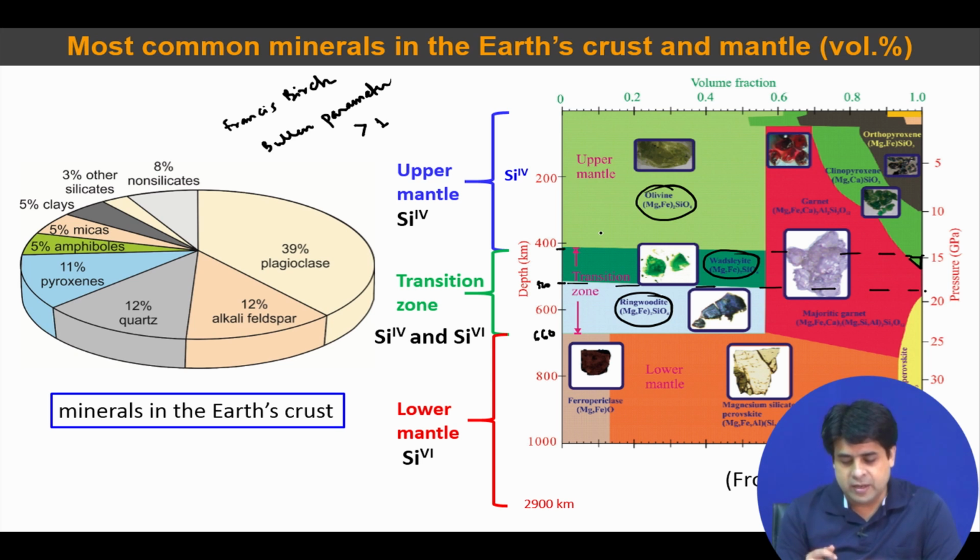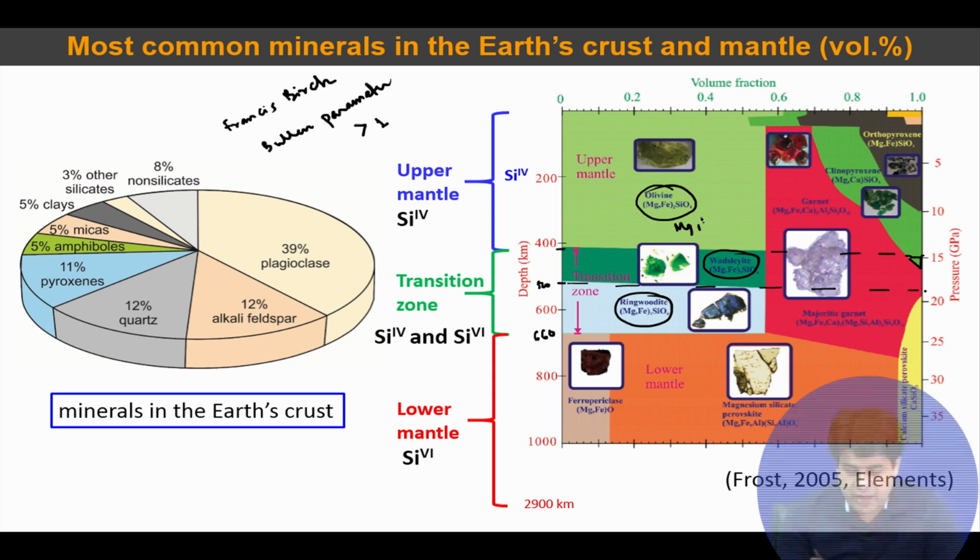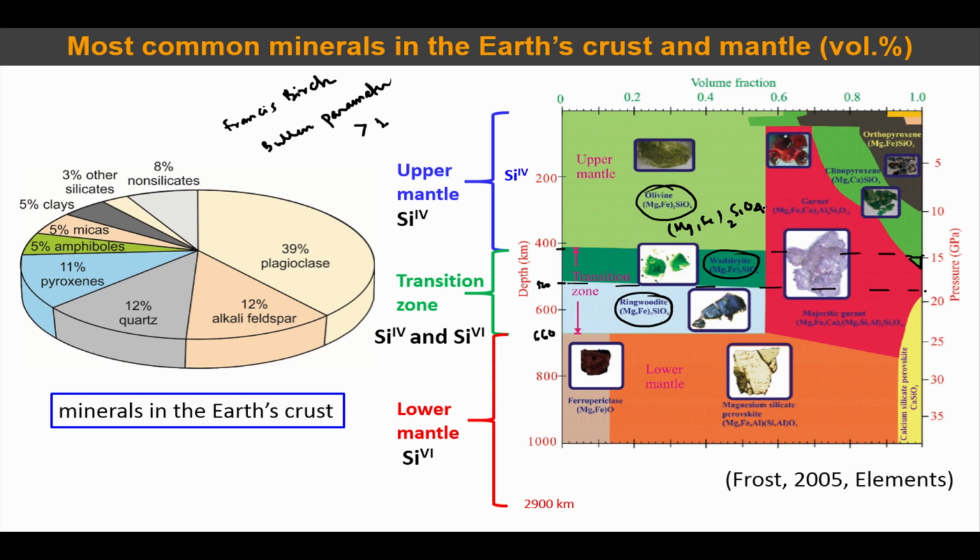Then another phase transition takes place from 520 to 660, forming ringwoodite. In all these phase transitions, your mineral formula is the same: (Mg,Fe)2SiO4. This is the formula of olivine, and only the structure of olivine is changing.